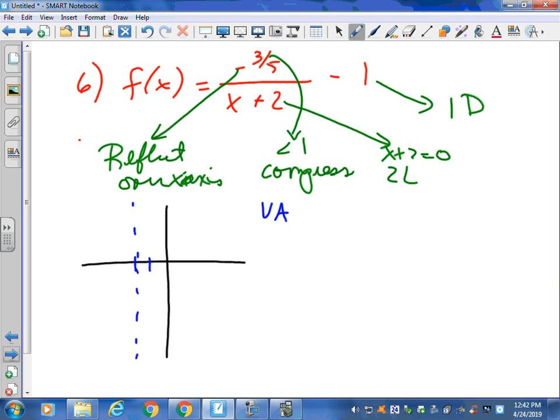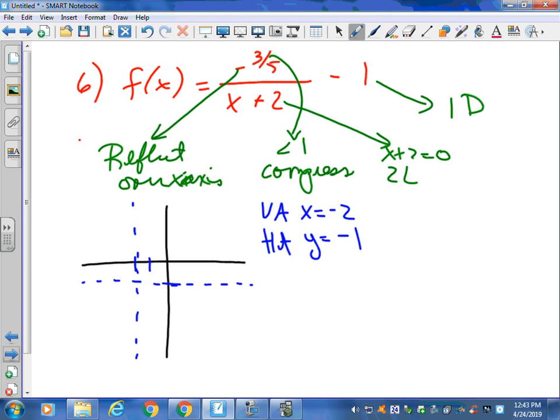So it went left 2. So it's x equals -2 is where that line is. Now, my horizontal asymptote goes down 1. Because the whole graph shifts down 1, the horizontal asymptote has to go down 1 from 0. So the horizontal asymptote is y equals -1.